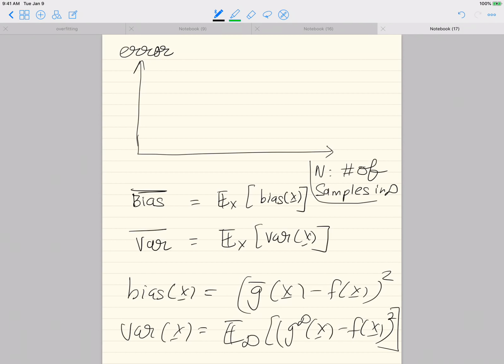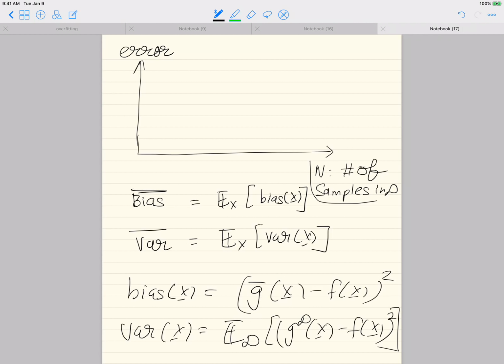So if I take the bias for each x, then take the average with respect to x and sketch it, how will it change with the number of samples in my training set? Any ideas? Anyone think it's constant?